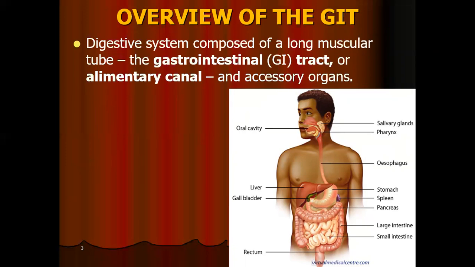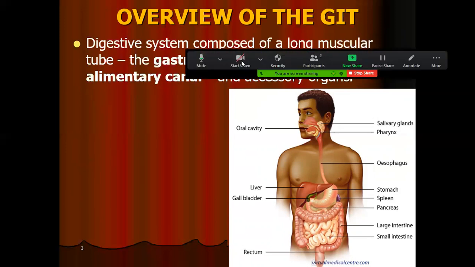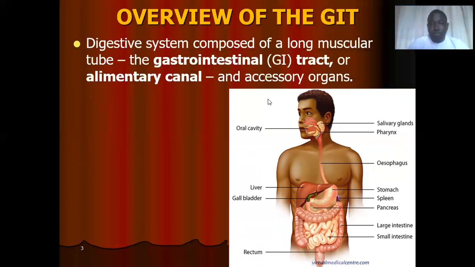So it is this long muscular tube which has a main organ, and also there are some other organs that play another role in it. However, they are not involved in it mainly. So we want to call them the accessory organs. So today I'll be taking you through the main organs as well as the accessory organs.